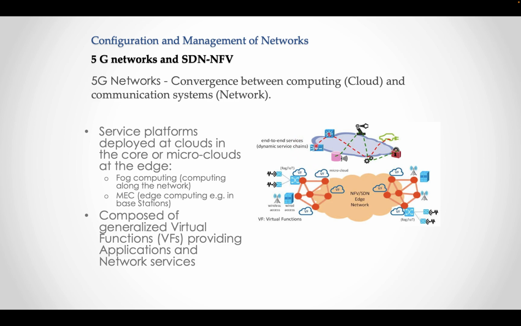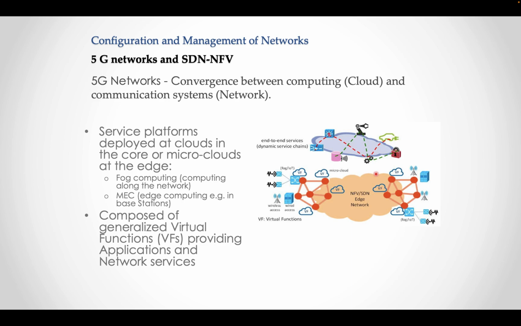And then each time I need to build a specific service, an end-to-end service, which is a dynamic chain of services, I'm going to install this in the network, like a computer program runs on a computer. Okay, so this vision is I need to build a network service, and I'm going to install it on the 5G network.